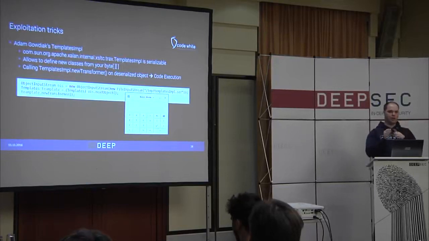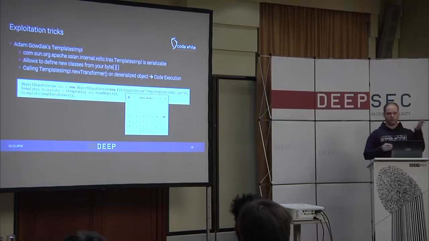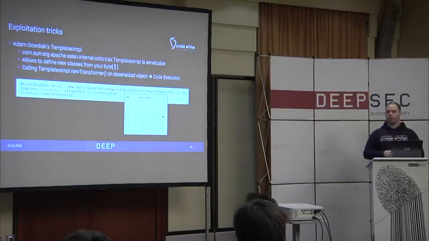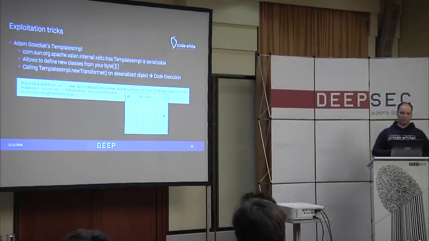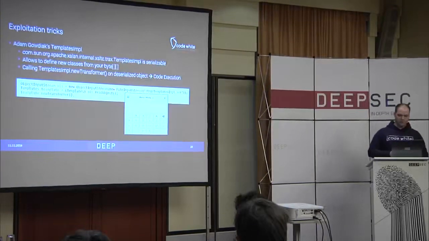So the bytes define the code which you will run, and then the new instance call will run your code. You just create a class with a default constructor, and you write Runtime.getRuntime().exec, and in the newTransformer call, you get code execution. That's, I think, the trick which is almost always used in the gadgets you can find.